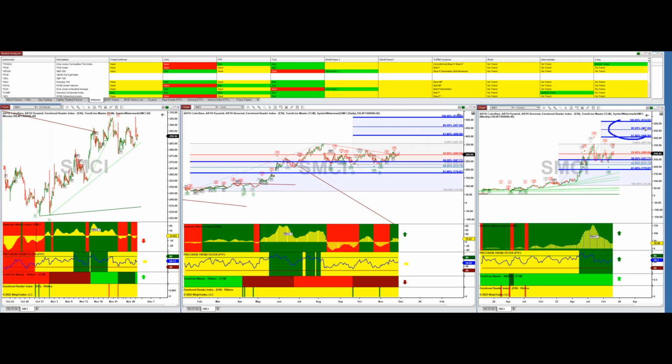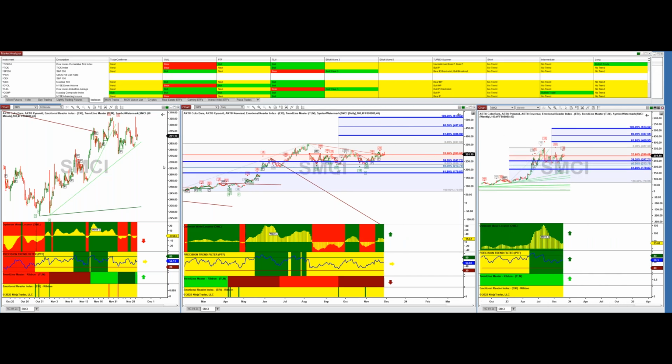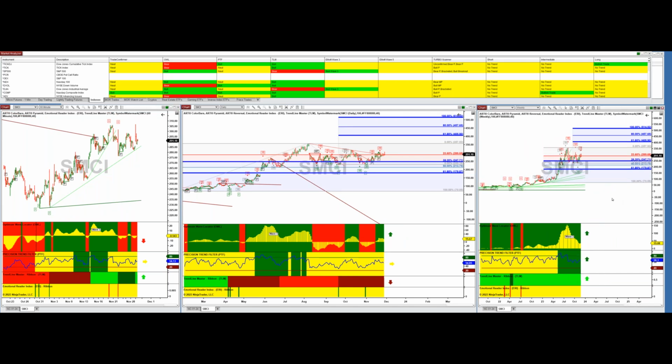This 5 on here and here, I basically transpose this over here so you can see how it relates to that. So I think one more high on SMCI, and then it's going to go into a longer term correction. I think you're good to hold that, but after that you're going to get a fairly good size correction, and then that'll be wave 4 on the weekly chart.